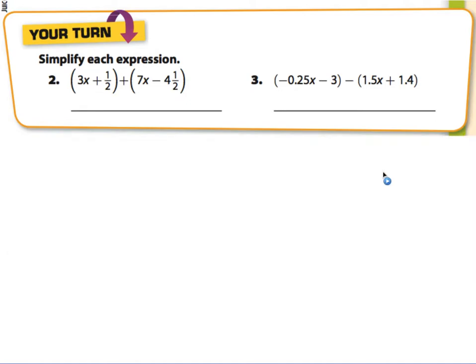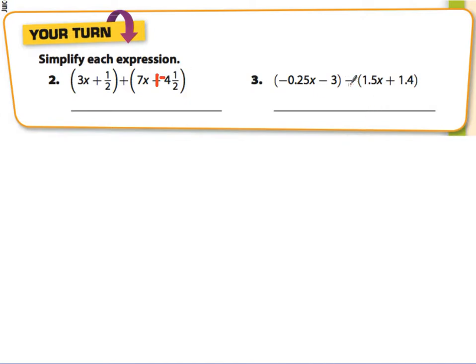All right, so then what I would like you to do is try to simplify the expressions. So you want to find your like terms, and you want to combine them. Now you also have to remember that if it's a positive, so this would be a positive number, half is positive, and 4.5 would be negative because it's minus 4.5. So remember, this is like saying plus a negative.